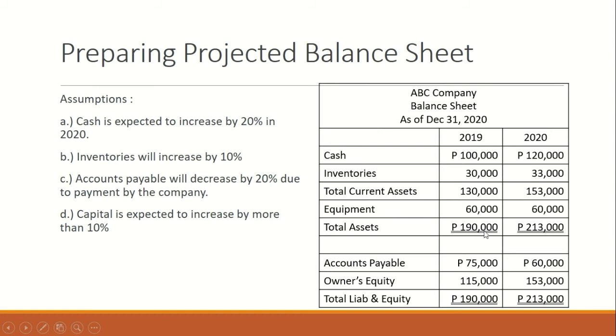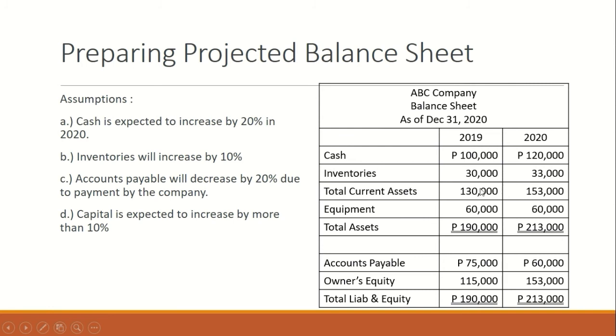So in 2019. Next, in accounts payable, which is the liability, meron tayong 75,000, and the owner's equity is 115,000. So in total 190,000. So make sure na balance and equal ang amount ng total assets at total liabilities and equity.